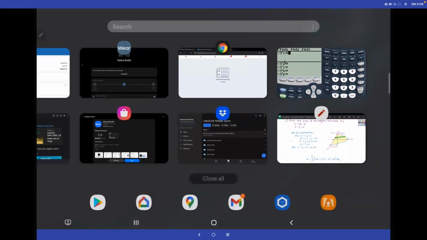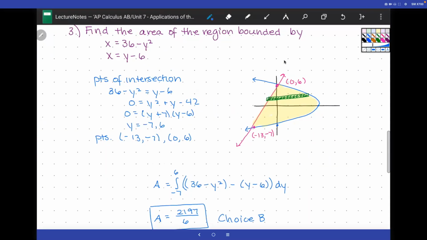Now, once you set up the integral, though, you can still use the calculator to evaluate this. And there's 2 things you can do, and it's kind of up to you. When you press math 9 to get the integral, you can go ahead and do alpha y and get y's all across the board. But you can use any variable you want.